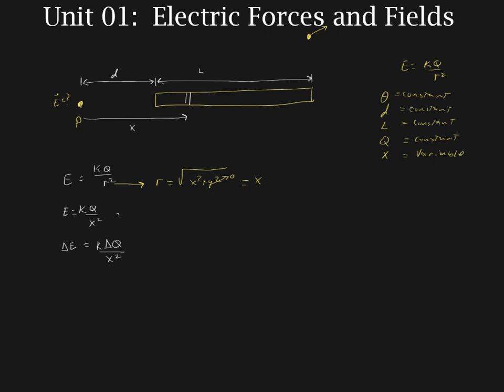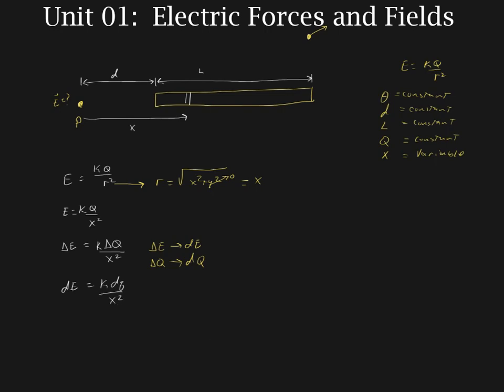Now if we look at this in the limit, as the chunks begin to get infinitely small, then what we have is that delta E is going to become a dE, and delta Q is going to become a dQ. So let's rewrite this as dE is equal to K dQ over x squared.